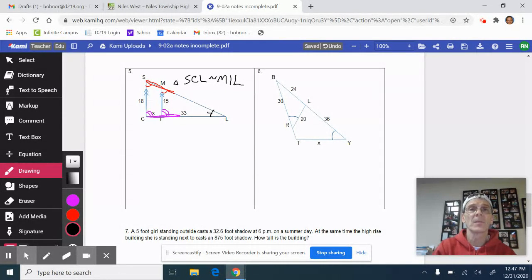Once again, listen to me. You cannot write the equation properly until you write out the names of the triangles, and you can't do that until you identify congruent angle pairs. That's where this problem starts.